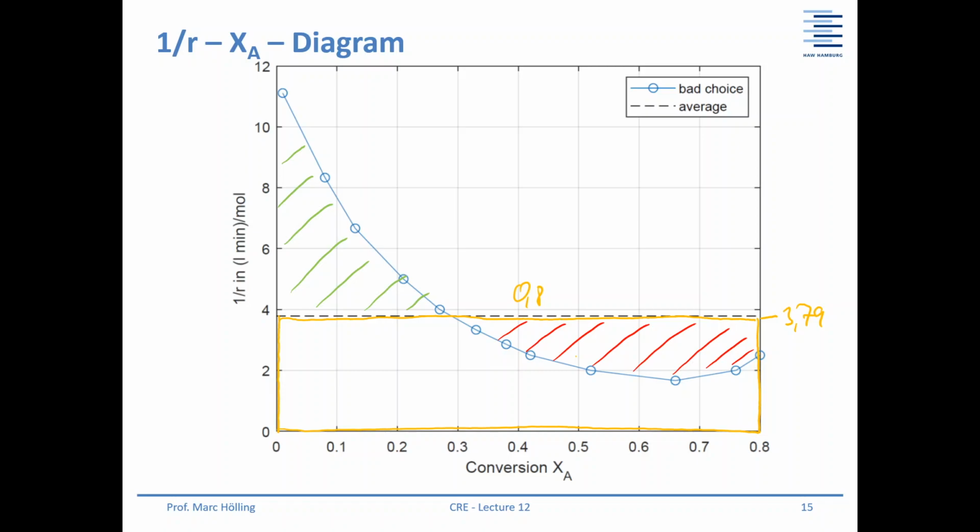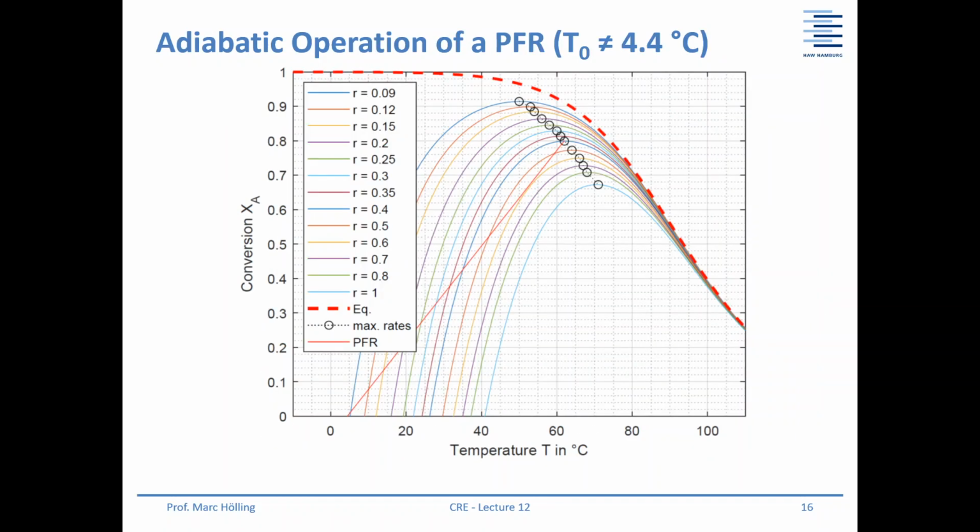Okay, and then you can calculate your volume of your adiabatic plug flow reactor. But so that you can check it in the worksheet. There I gave you the values.